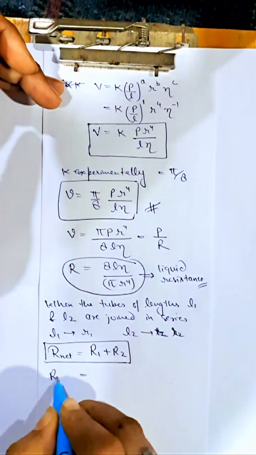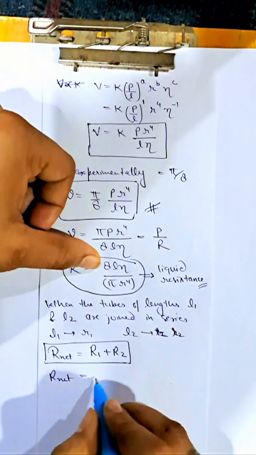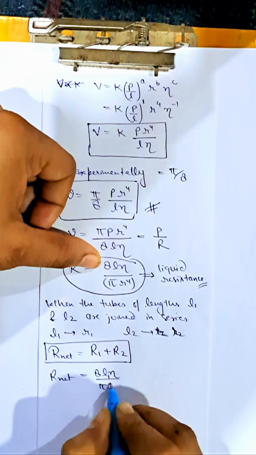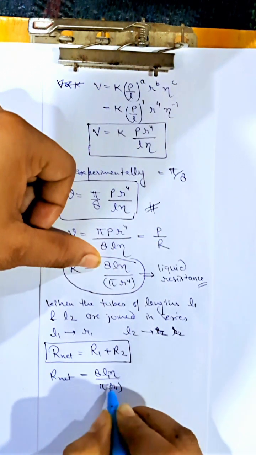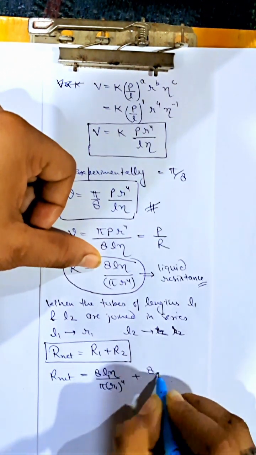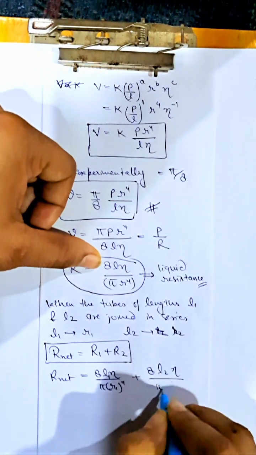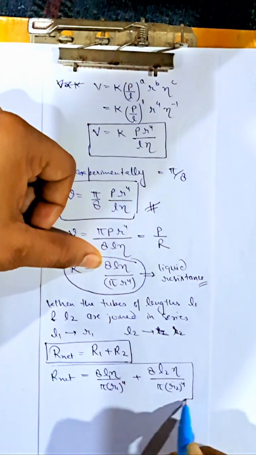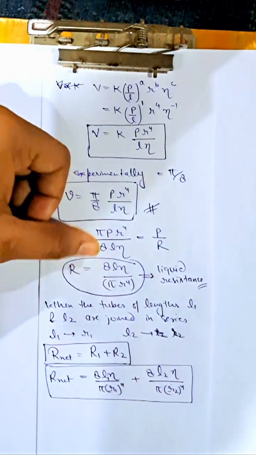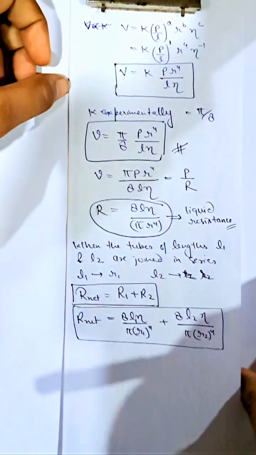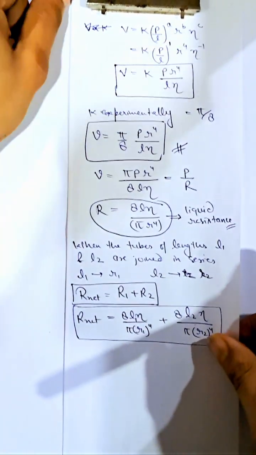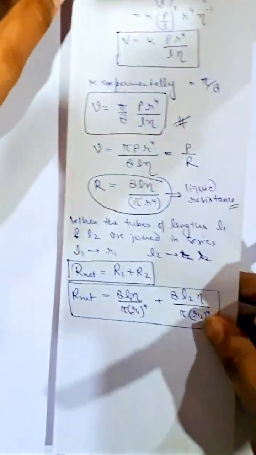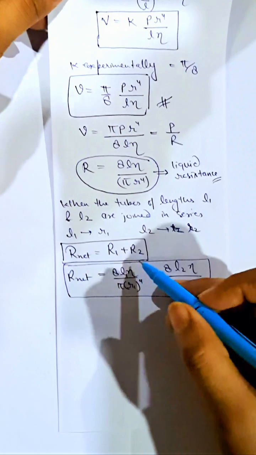That is 8 L1 by pi R1^4 plus 8 L2 by pi R2^4. So this will be the total resistance offered by the combination of two pipes or tubes of length L1 and L2 with radius R1 and R2, and the resistance offered for the flow of liquid will be R1 plus R2 complete net.